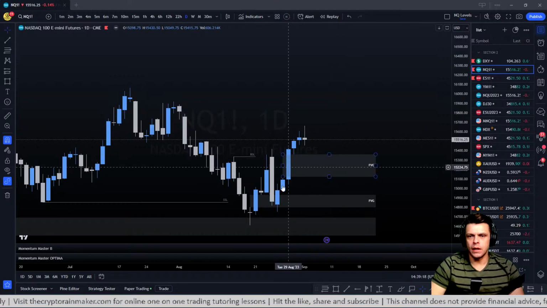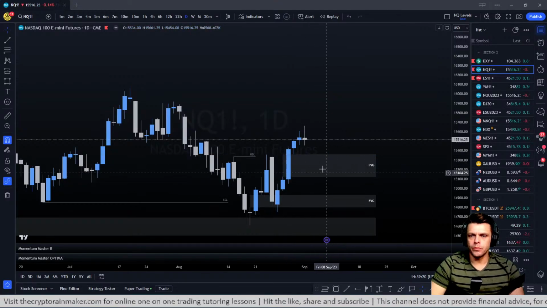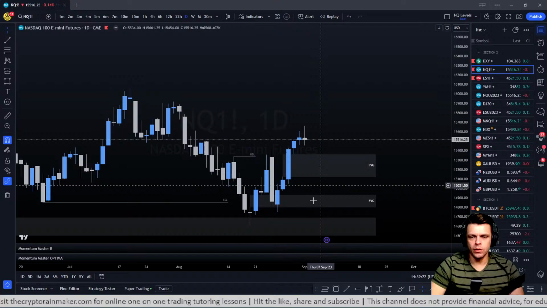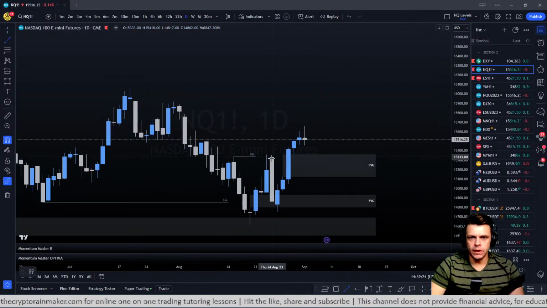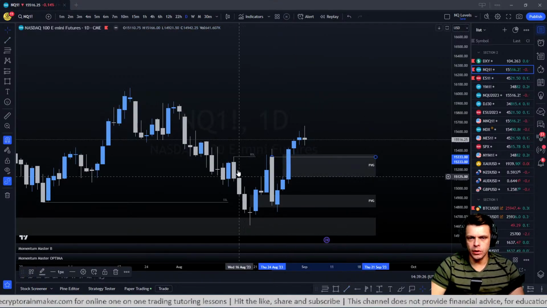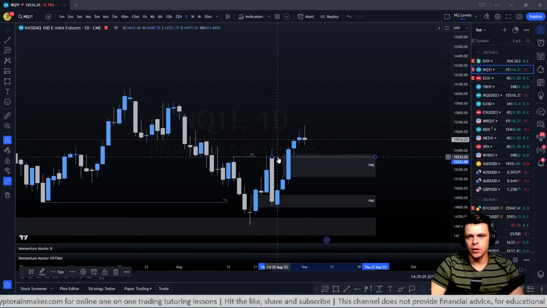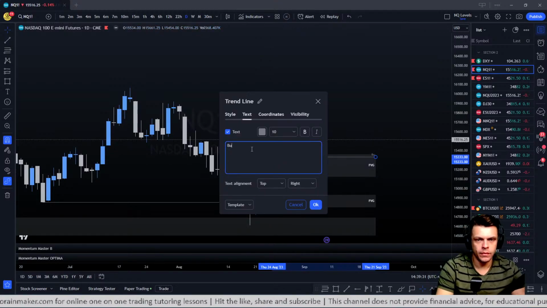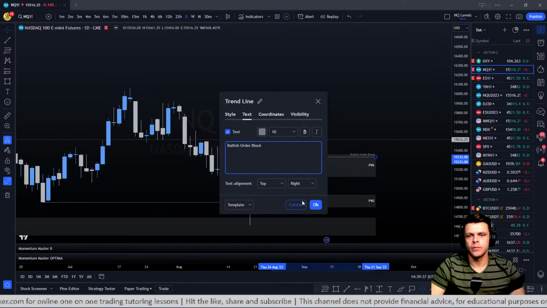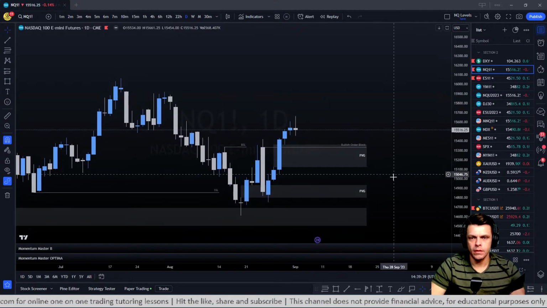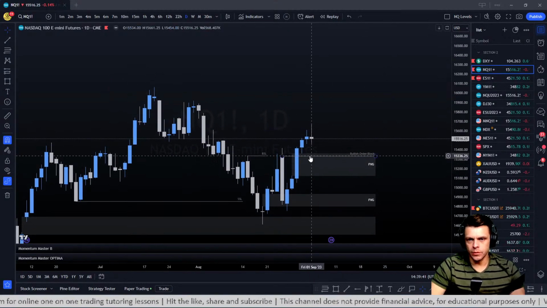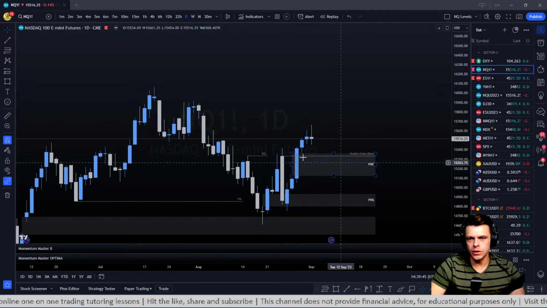Okay, so we have a nice big fair value gap, some bullish order flow, and then we have this candle right here. So we're going to mark this off as a bullish order block candle. All right, so we're looking for a potential move back to the upside from this area potentially.